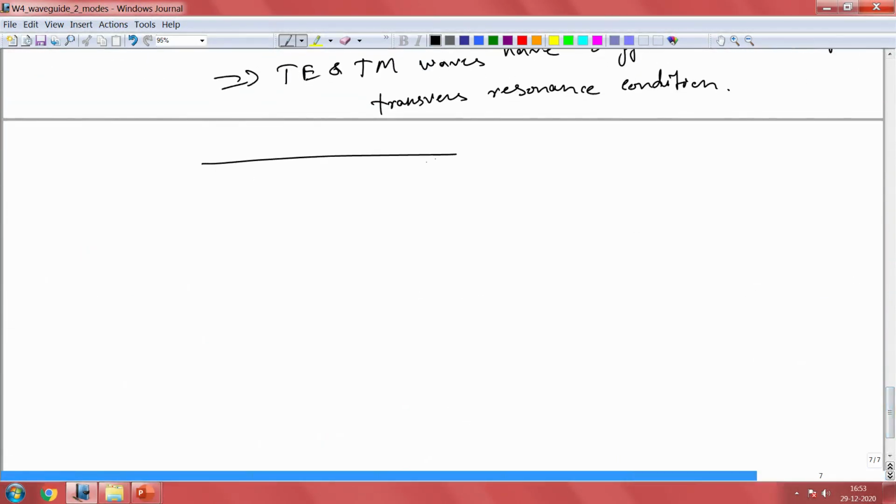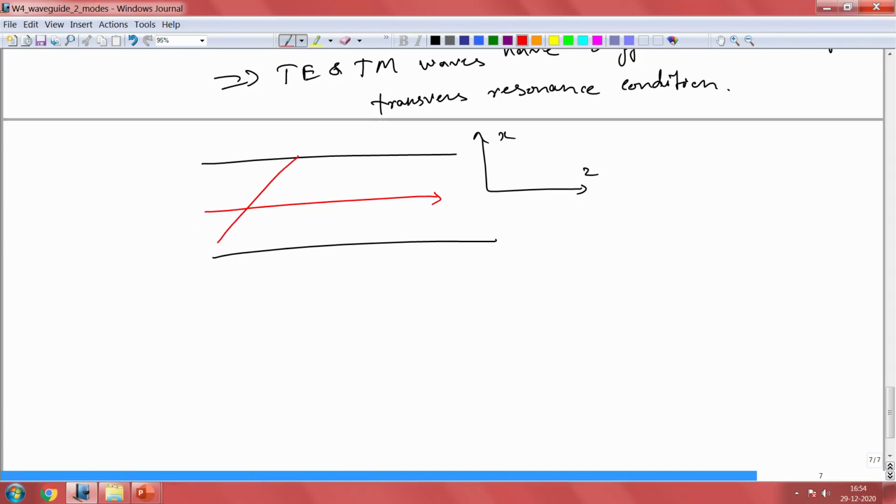So, let us take the same slab. So, the waves could propagate without any reflection at all, it is through the axis. So, there is no reflection at all, and then you have another possibility where you have reflection. So, the wave that is going through with the smallest angle here, the theta.